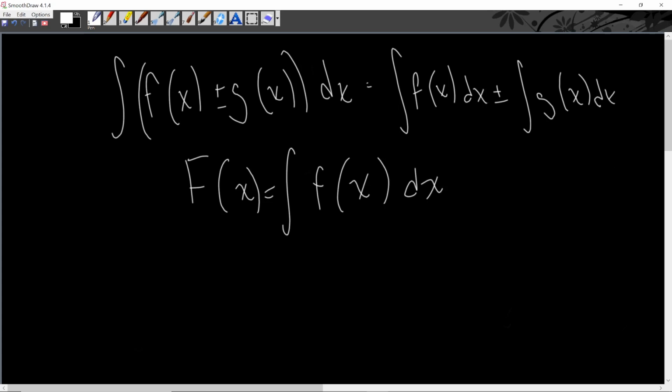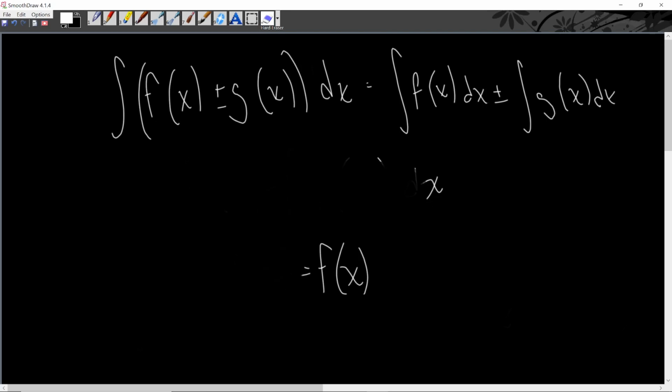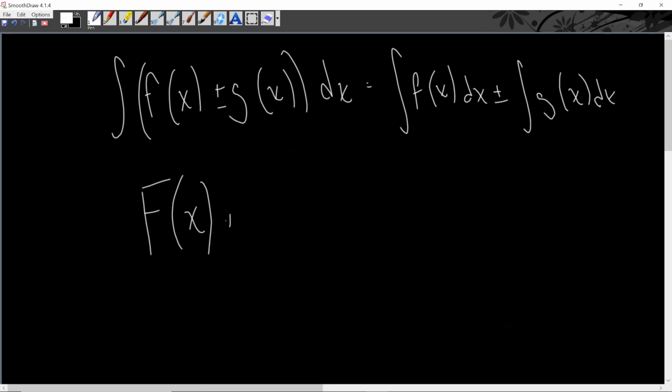So F prime x is supposed to equal f of x, and from here we can say that big F of x and big G of x, which we are going to describe as the original function before lowercase g of x. So big F of x plus or minus big G of x.